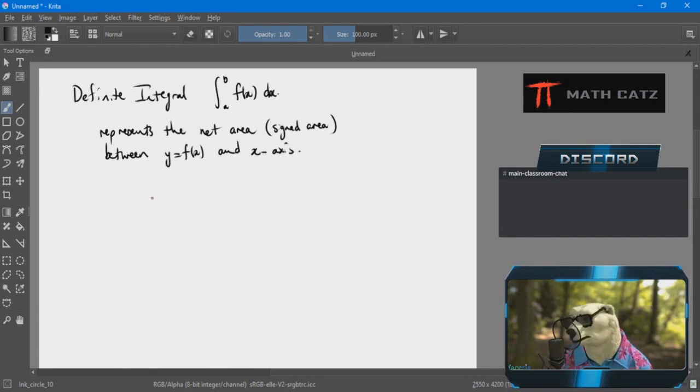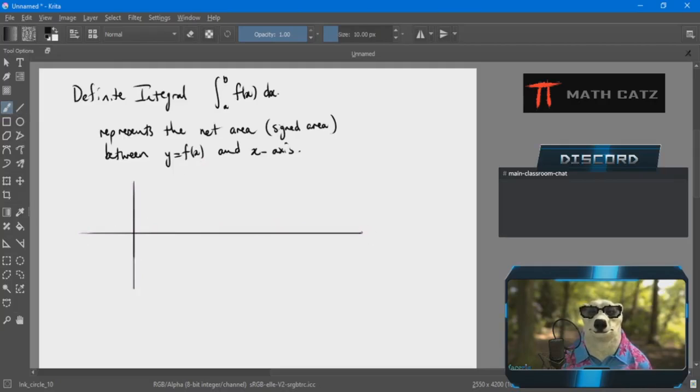So that means that if I have a graph, let's draw a straight line, and the graph over my interval, let's say A is over here and B is over there. That is the graph corresponding to the function.